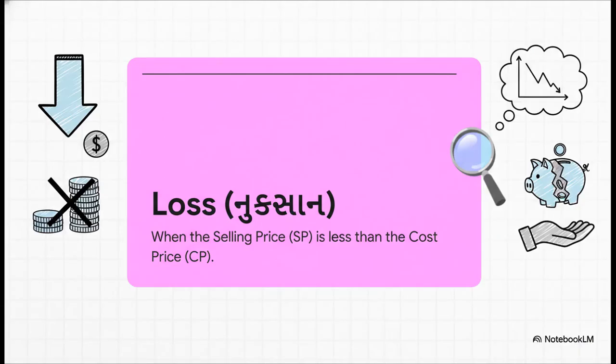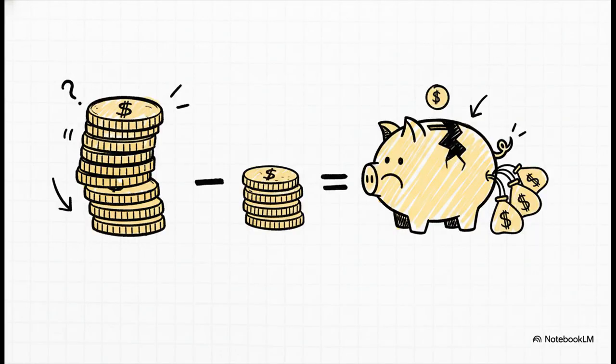A loss, or noksan, is basically the mirror image of a profit. This happens when you have to sell something for less than you paid for it, so your selling price ends up being lower than your original cost price. Now, I want you to look really closely at the formula here. See that? It's flipped. For a loss, we calculate it by taking the cost price and subtracting the selling price.